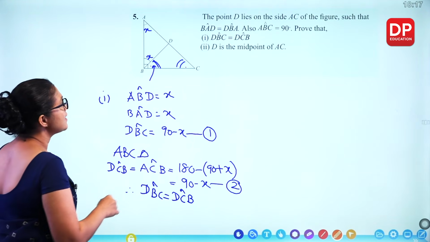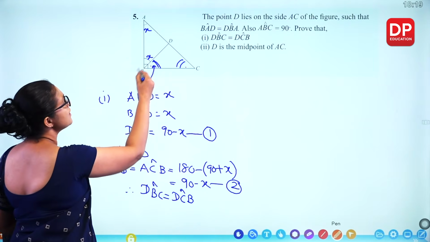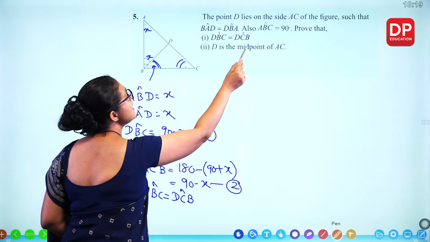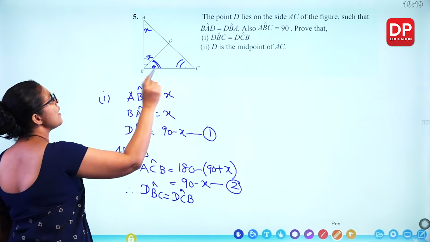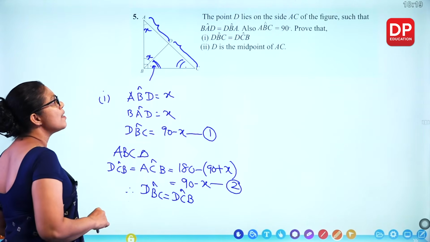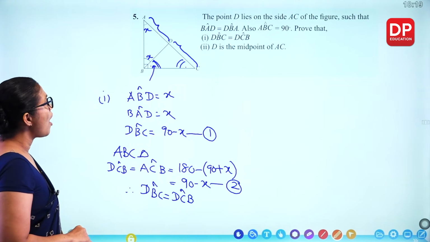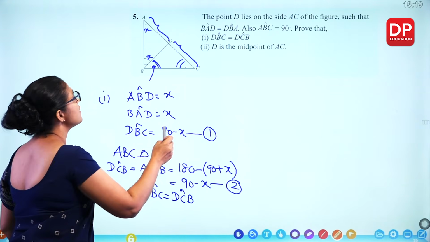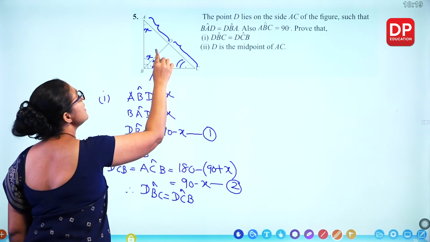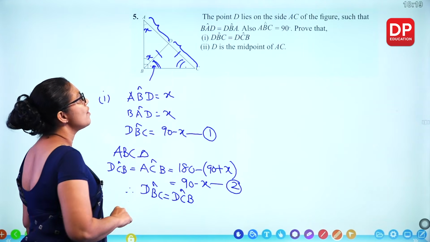Now we'll take the second part. When you look at the triangle, now we have to show that D is the midpoint of AC. So that means we have to show that this distance and this distance both are equal. Now how can we do that? When you take BDC triangle, this length is equal to this length.